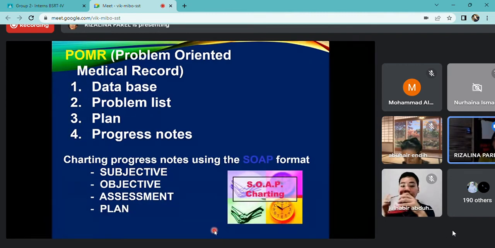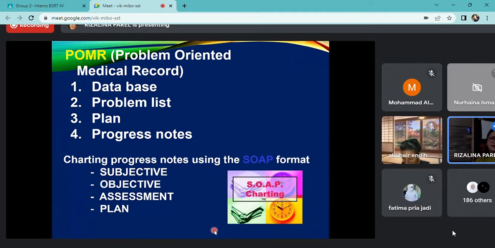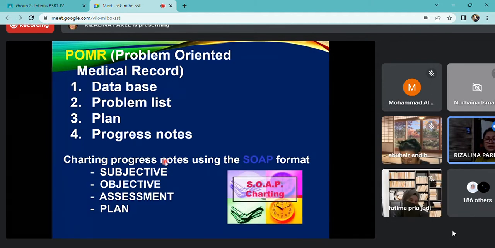Okay, for the POMR, Problem-Oriented Medical Record. So this is from your EGANS. Ang ginagamit ay Problem-Oriented Medical Record. But in the practice dito sa atin, ang ginagamit na natin for charting ng progress notes is SOAP.